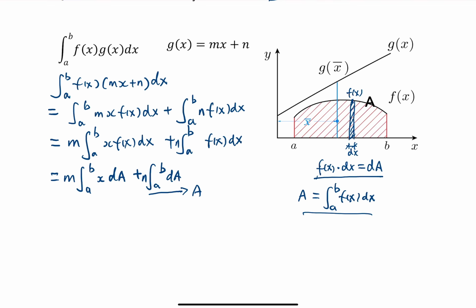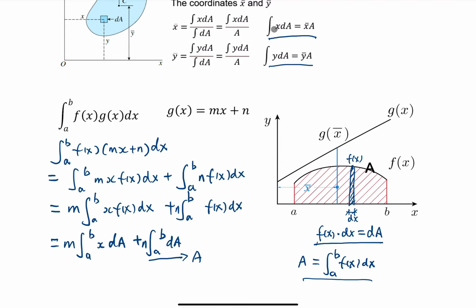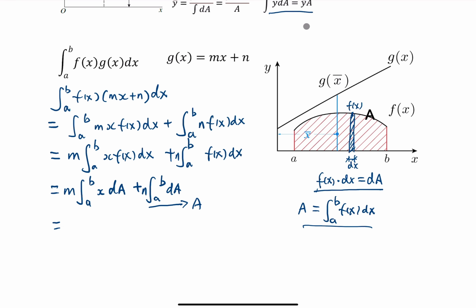Once we know the value of the second integration, let's look at the first integration, x dA. If we go back to the expression over here, we know the integral of x times dA is equal to the x coordinate of the centroid point of this shape times the area of that shape. So then we got m times x bar times the area of that shape, plus n times A. X bar is the x coordinate of the centroid point of this shape.